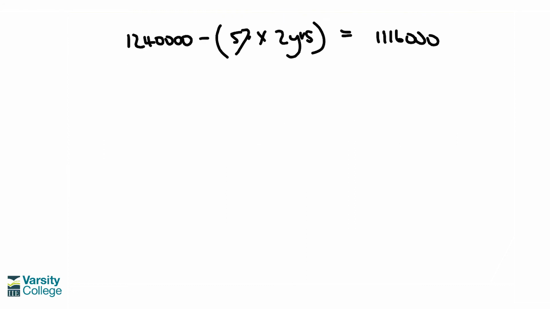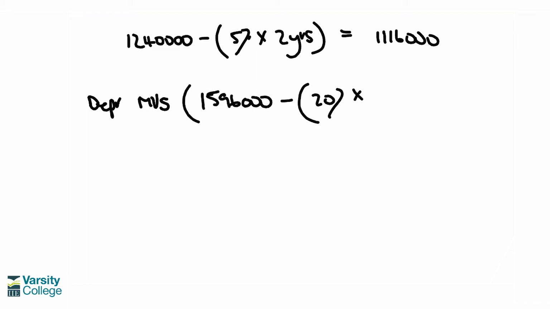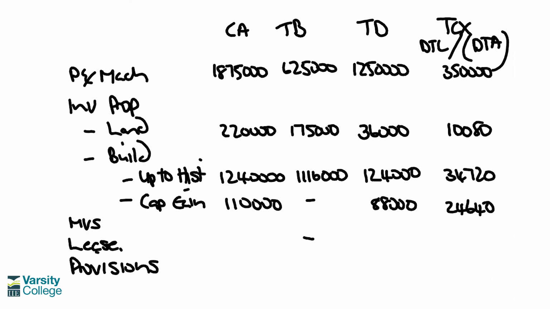So let's just do the depreciation calculation for the motor vehicles. Depreciation motor vehicles, it would have been the 1596 minus 20% for 2 years. And that gives us an answer of 957,600.